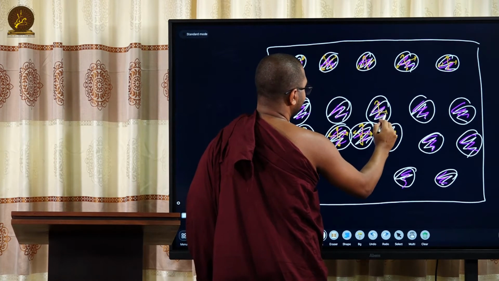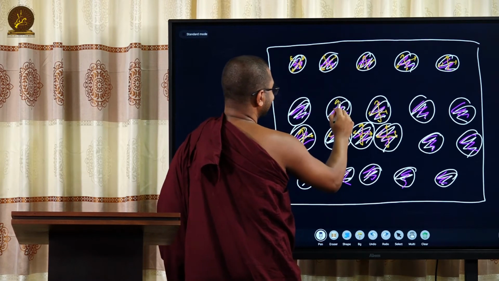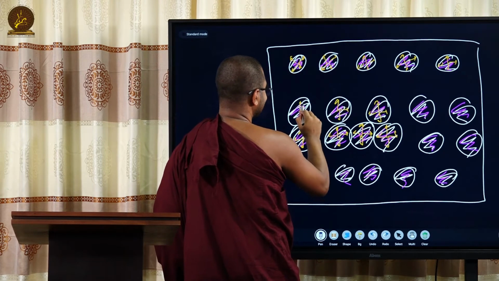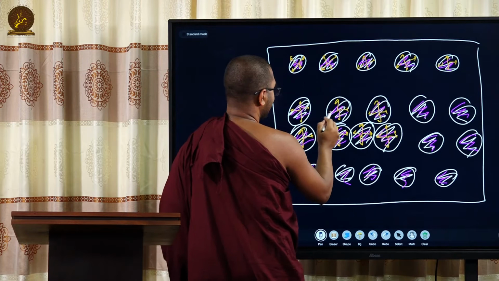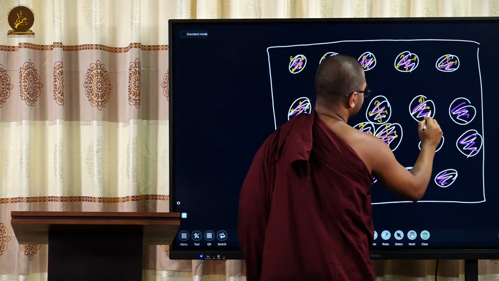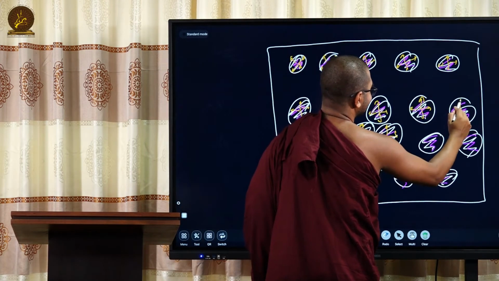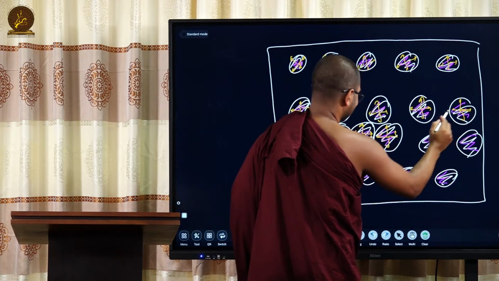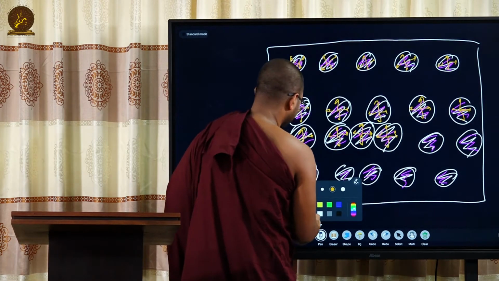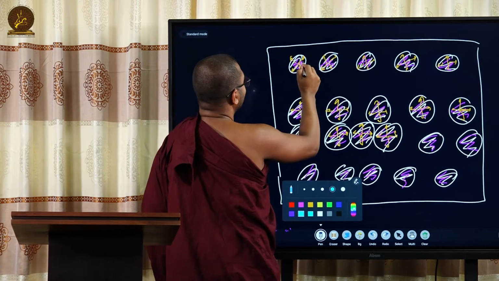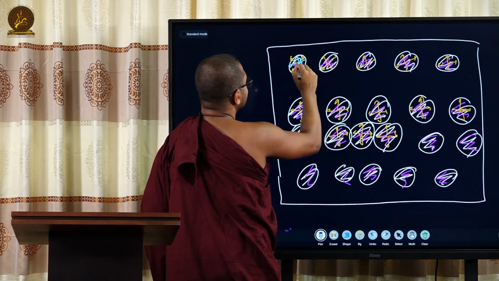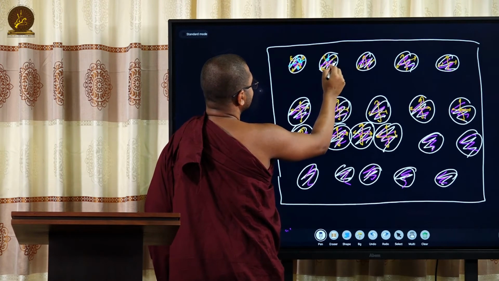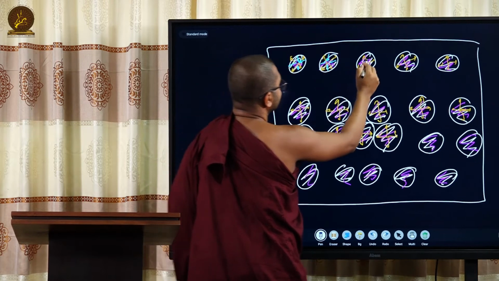I shall draw just a few, otherwise it takes time. Okay, just 2 lines. Then each Kalapa has Apo, which confines it into a certain limited range.